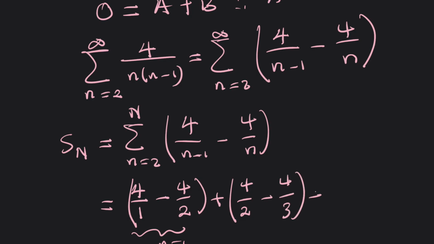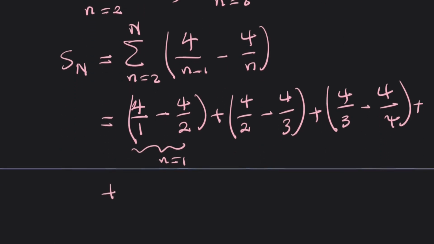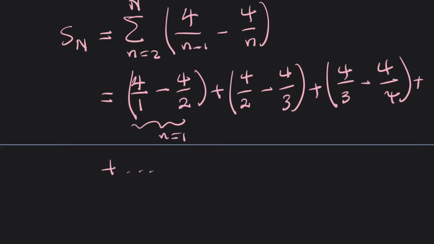When n is 4, this is 4 divided by 3 minus 4 divided by 4. Then we can continue adding, and adding. So when little n is capital N, this is 4 divided by N minus 1 minus 4 divided by N.